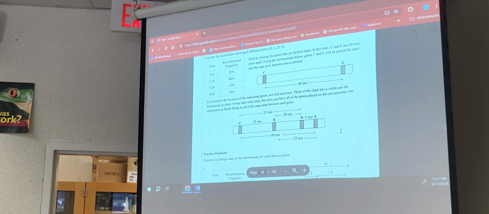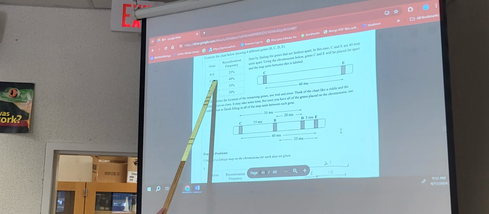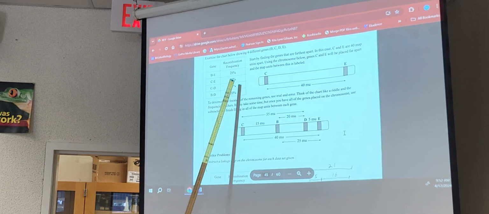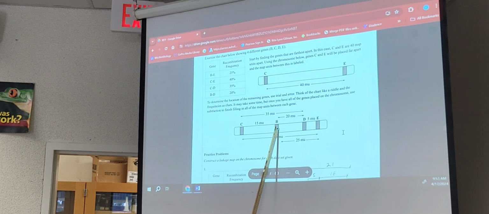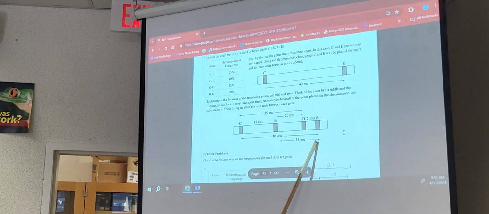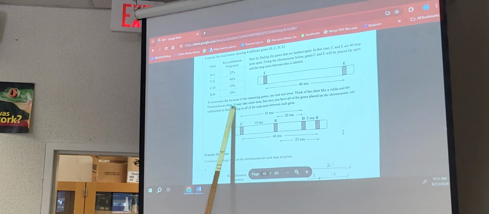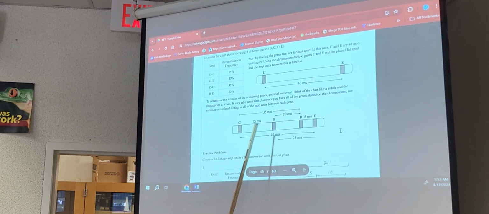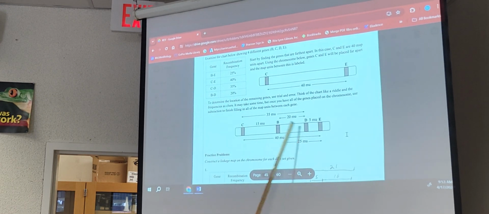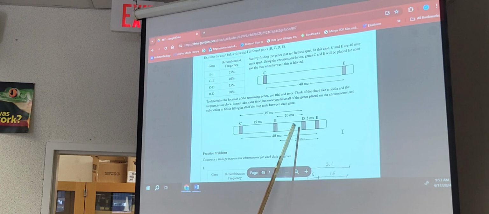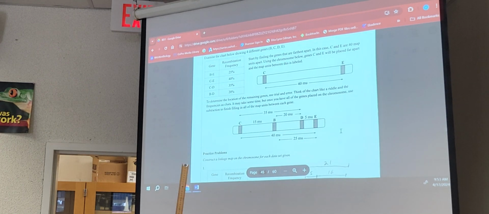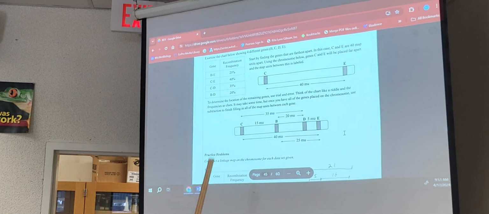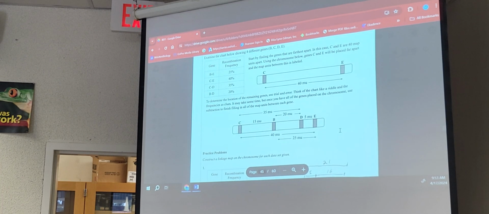Right? And we know B to E is 25 map units. So you could put B somewhere, and then you go, okay, B to E, that's 25 map units. C to D is 35. So C to D has to be less than C to E, but you can't figure that out until you figure out how much B and D are.